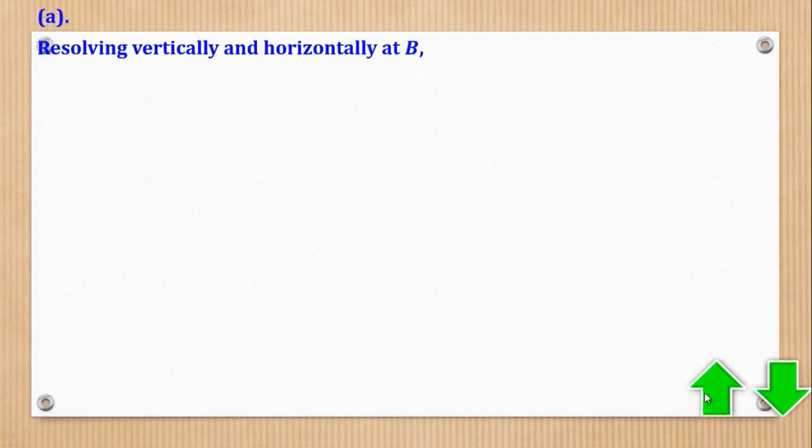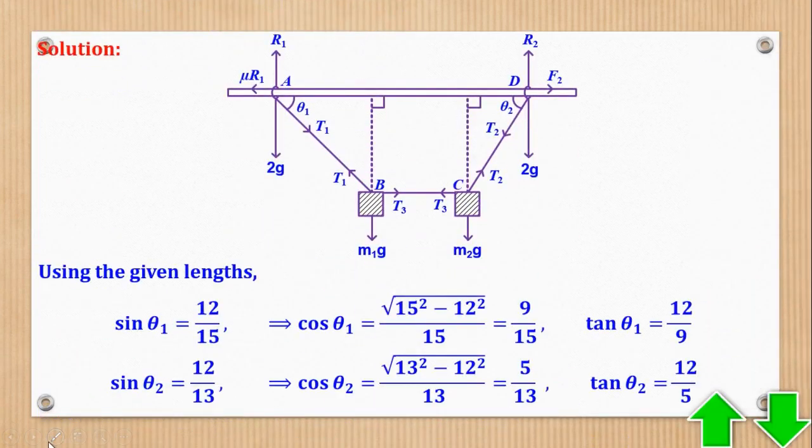So at B, this T1 is going to the left, and when resolved it will be T1 cos theta 1, and this one is going to the right. So T1 cos theta 1 is equal to T3. Then vertically, M1g is equal to T1 sine theta 1.